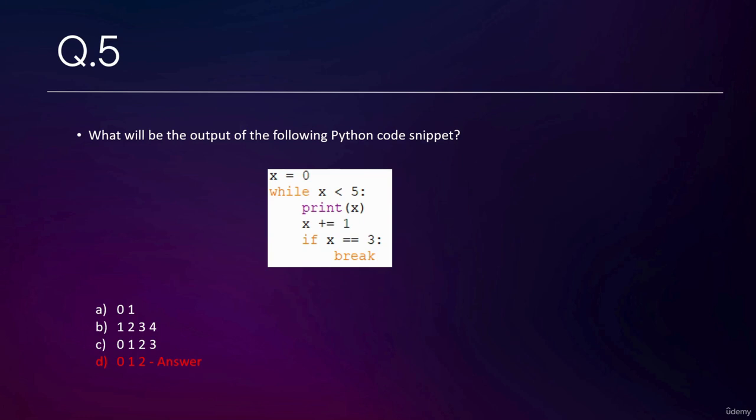In the next iteration, it prints the value of x, that has now become 2. So now if x is equal to 3, it then breaks and exits out of the loop. So the correct answer is D.